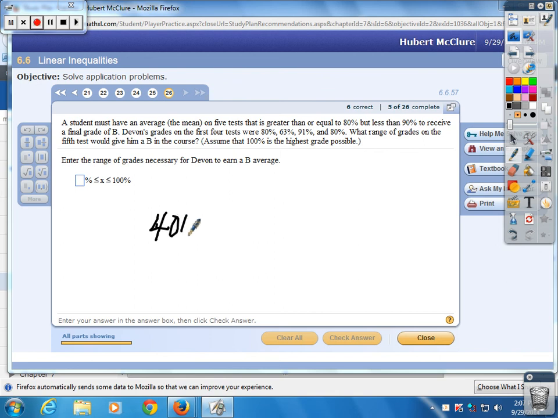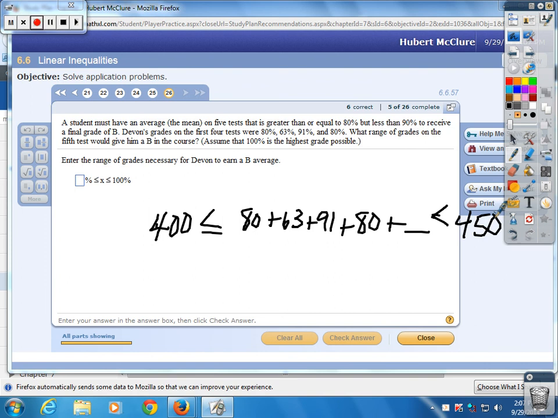So 400 less than or equal to 80 plus 63 plus 91 plus 80 plus blank is less than, and what's 90 times 5? 450, Gilbert. Thank you, class.